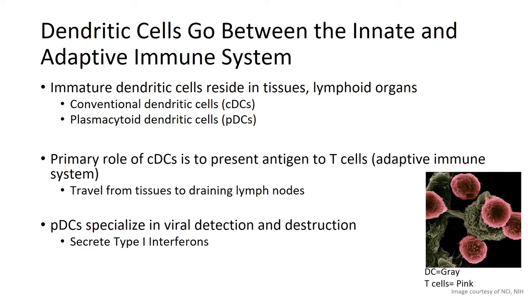So the conventional dendritic cells pick up antigens at the site of infection, and then they travel from that site to a draining lymph node for the given tissue. And they present the antigen to T cells, thereby activating them and kicking the adaptive immune system into gear. And the PDCs specialize in viral detection and destruction, and they secrete interferon.